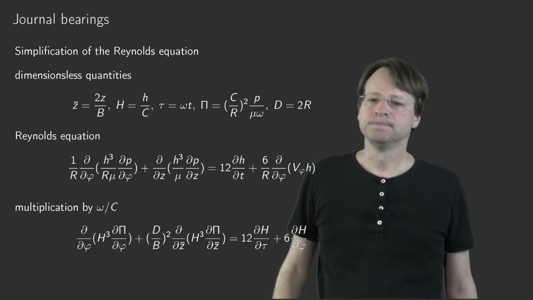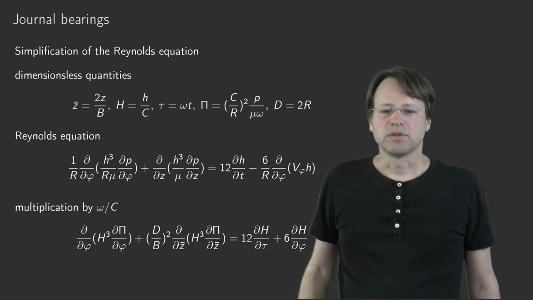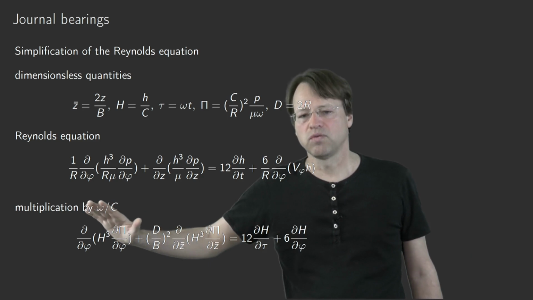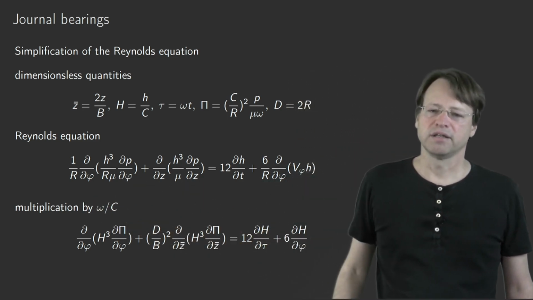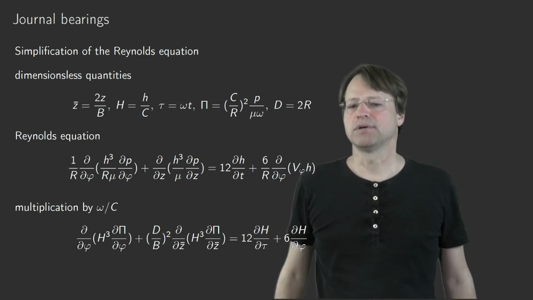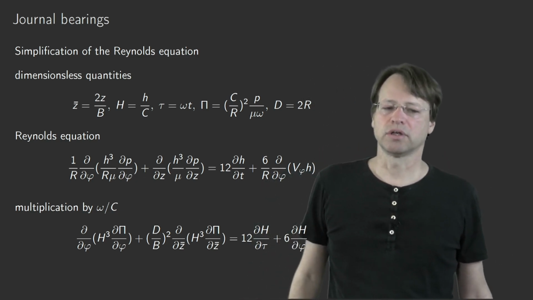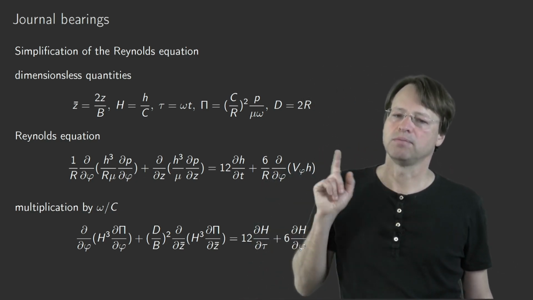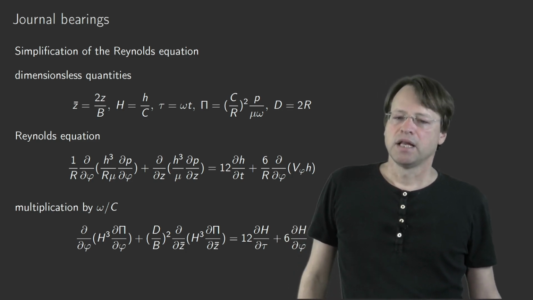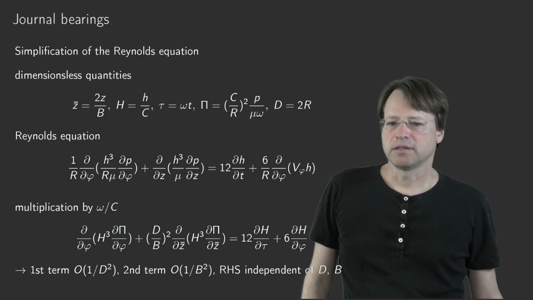Okay, so these things are easy to solve if you can switch off one of these two terms, and that's possible for the short or the wide bearing. That's called the short and the wide bearing theory, and we will consider here only short bearing theory. Let me show you this on the next slide.